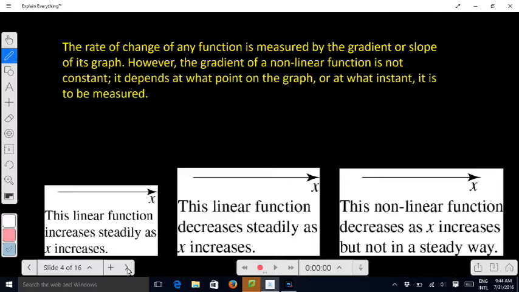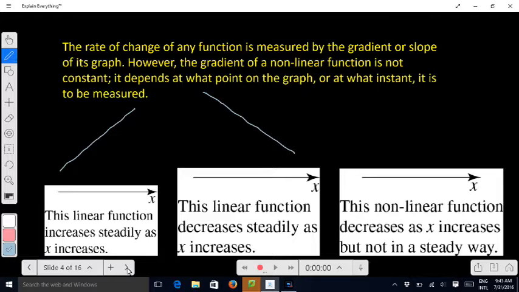However, we can get nonlinear functions. It depends on what point of the graph, or what instant, it is to be measured. So we've got three different situations here. The linear function increases steadily as x increases, so we've got a straight line. The linear function decreases steadily as x increases, so as we go along the x's, our y values are going to decrease.